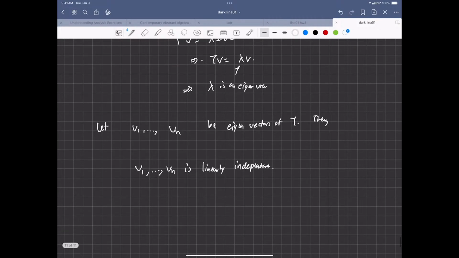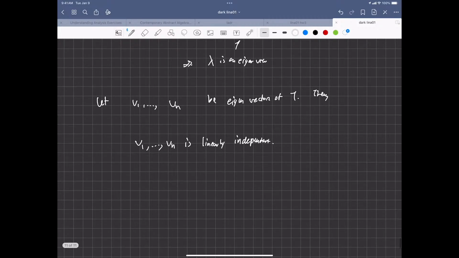So now let's go through the proof of why this is true, because this is somewhat important. This property is kind of interesting. This tells us that eigenvectors of a linear operator would all have to be linearly independent.